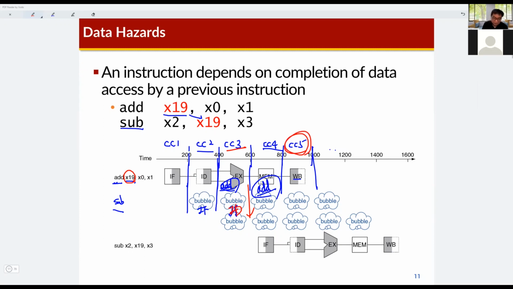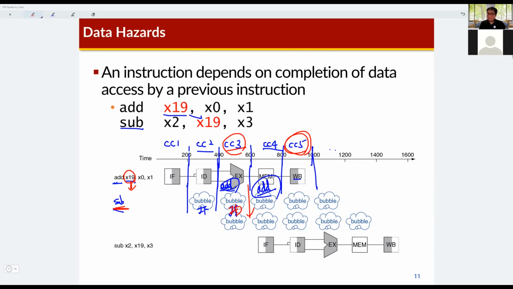But the sub instruction tries to read this required data at CC3, and the data is not ready in the register file, right? So the sub instruction cannot be executed. If this sub instruction is executed, then it will use the incorrect data, and the computer processor will generate the incorrect result.